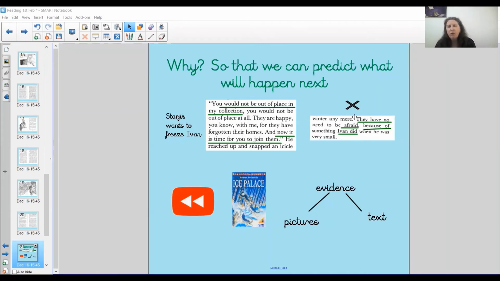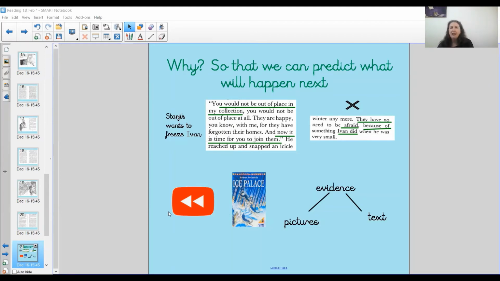But we also know from earlier on that people of the village no longer have to be afraid because of something Ivan did. So I'm not sure that Ivan does get frozen. What I would like you to do is have a little rewind. This time we're not just going to rewind and read to the part that we have just read.